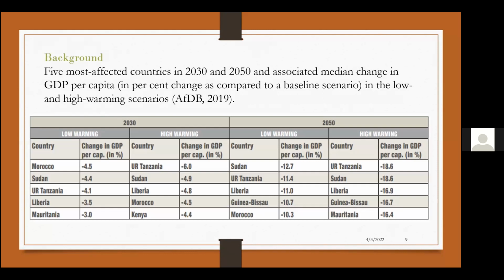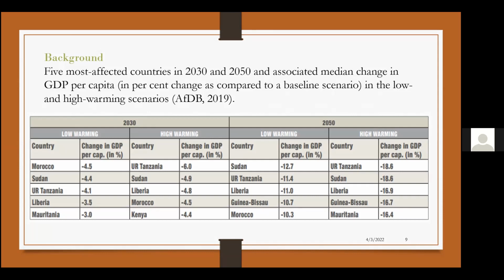We have provided here some few countries for scenario analysis, and in Africa, we are seeing that if the temperature continues to warm, for example, Morocco, under low warming, will have a 4 percent reduction in GDP. But coming to Mauritania, we see it is low at this particular point.